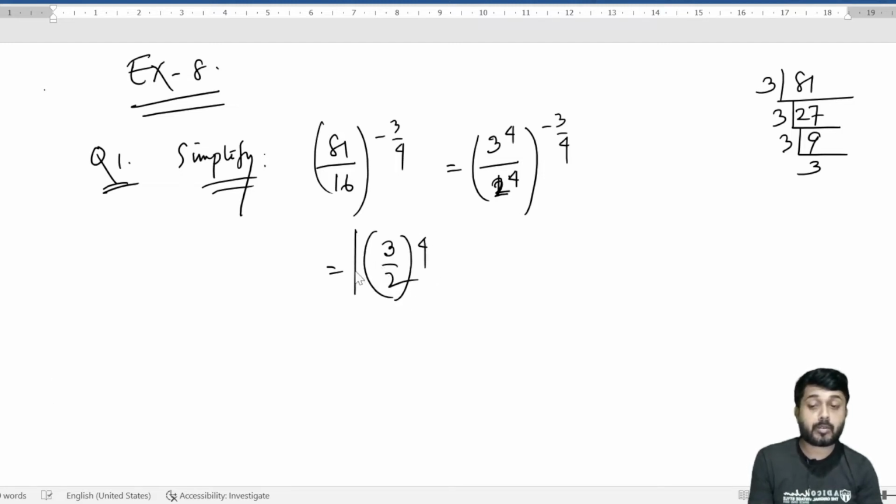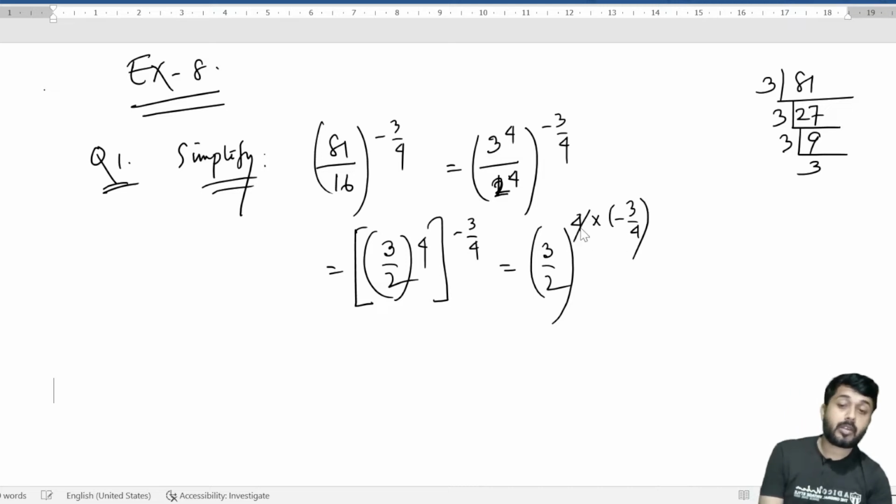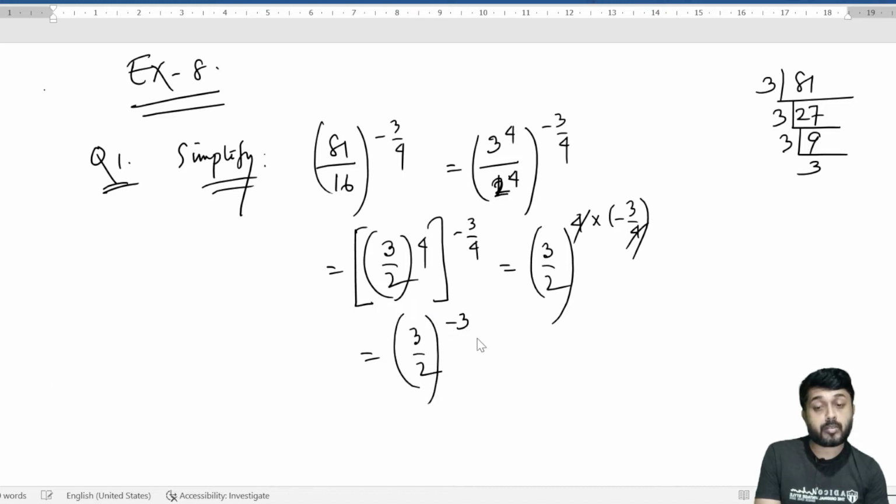That is one law which we learnt. Minus 3 by 4 equal to 3 by 2 whole to the power 4 multiplied by minus 3 by 4. The 4 cancels out, and we get 3 by 2 whole to the power minus 3.